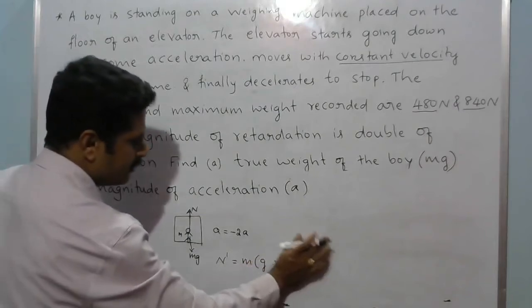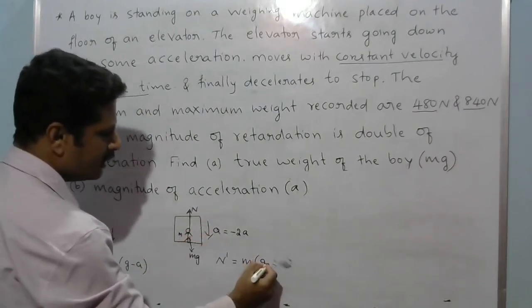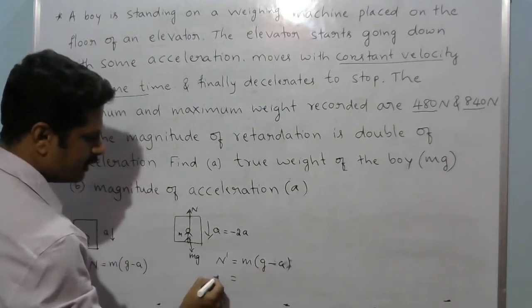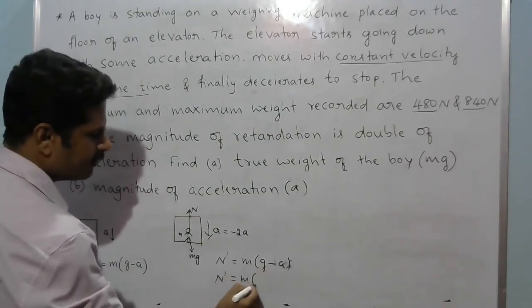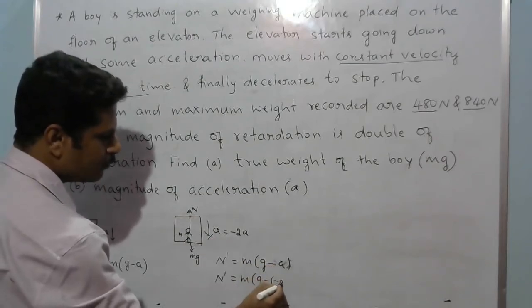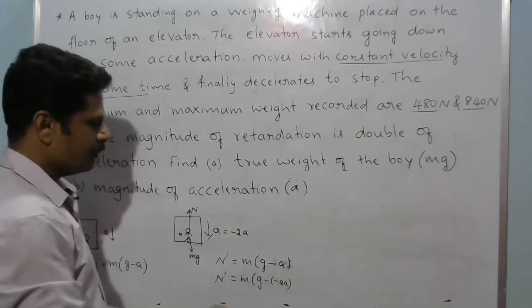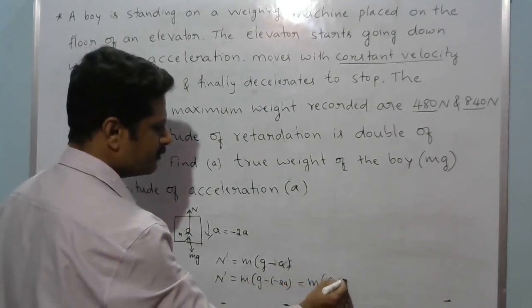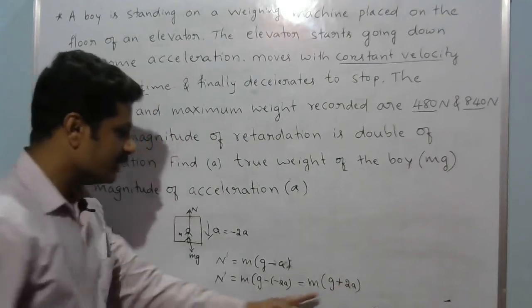Or else we can write, which is moving in the down direction. So let me write here, acceleration is equal to how much? In this case we can write n dash is equal to m of g minus, here how much is the acceleration? -2a. So it will become how much now? This is equal to m of g plus 2a.